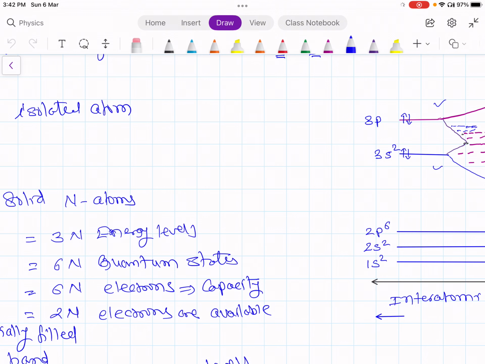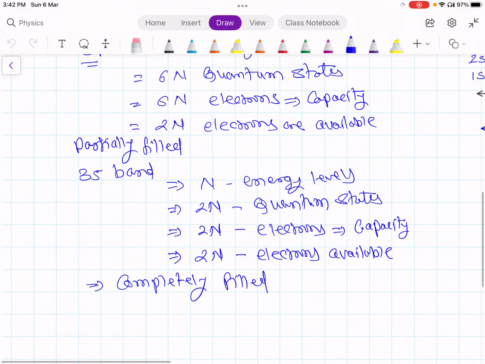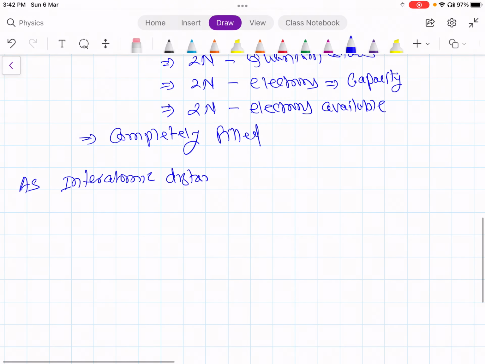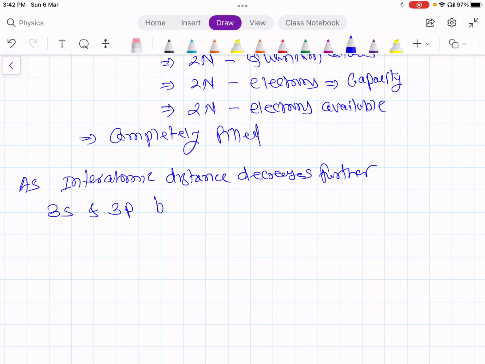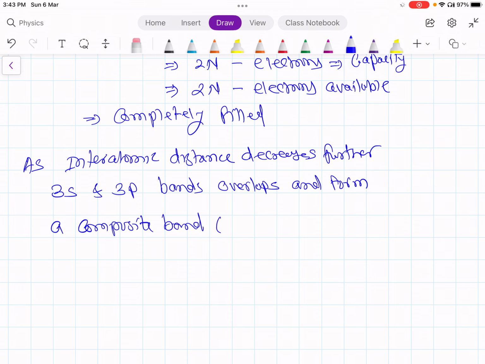As we decrease interatomic distance further, these two bands, 3p and 3s, merge into each other and form a composite band, or you can say hybrid band.